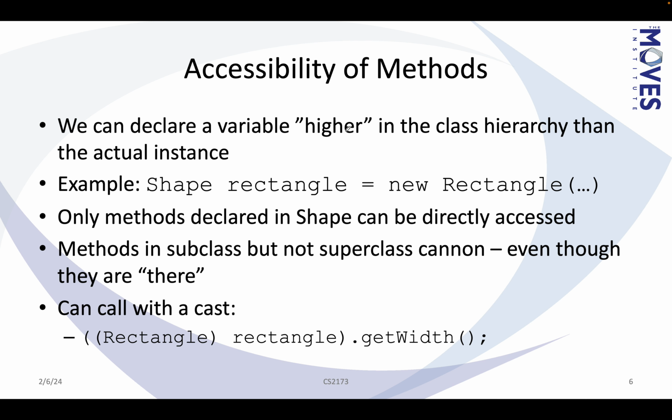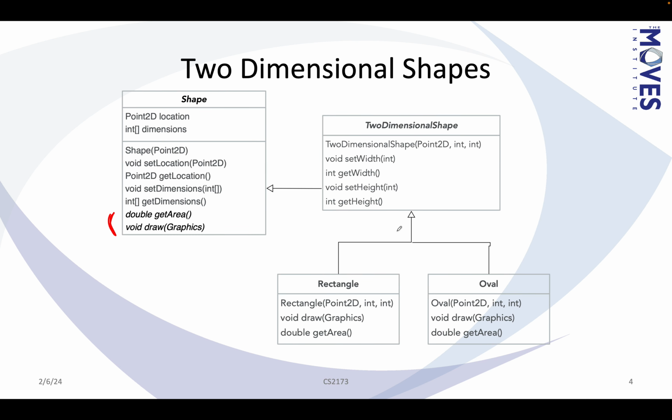We noticed that we can declare a variable to be of any type anywhere in a class hierarchy.